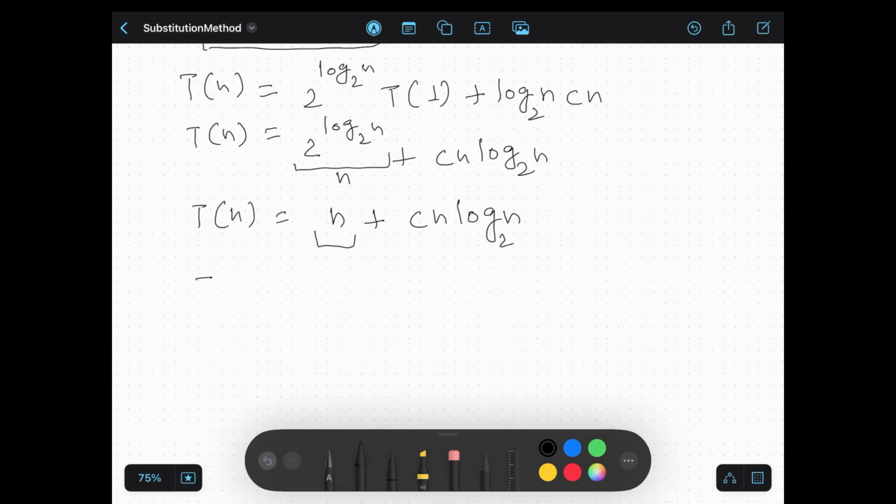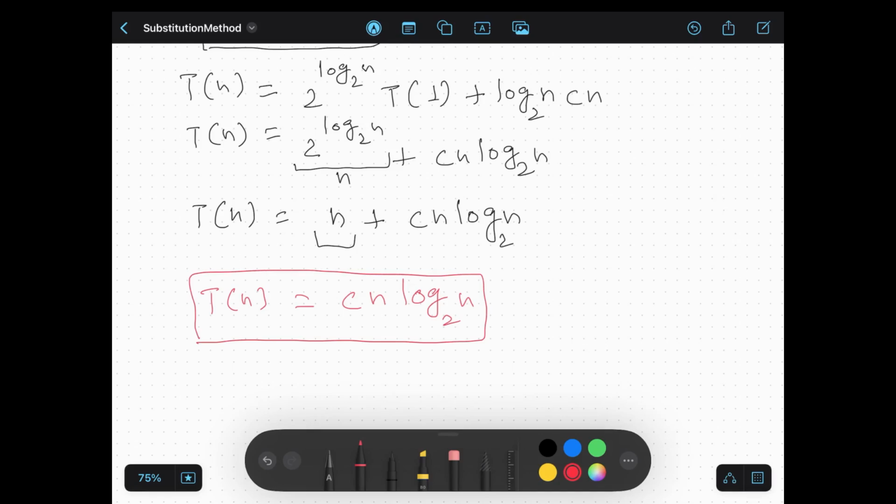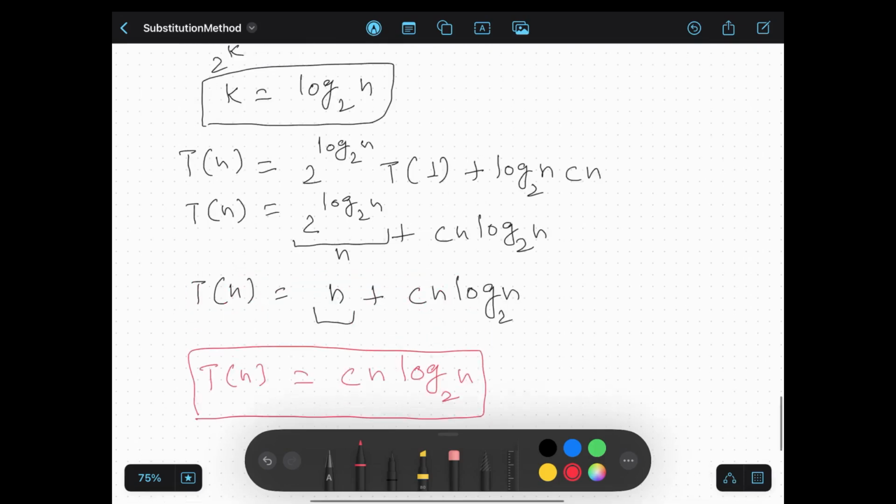So we can say Tn is equal to cn log base 2 of n, and that is our solution to the recurrence for merge sort.